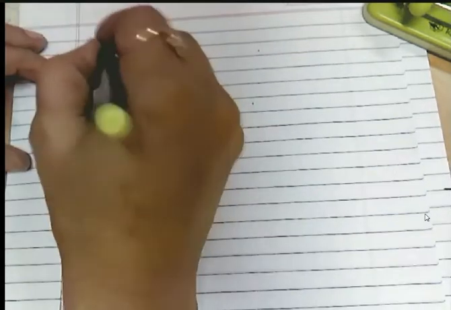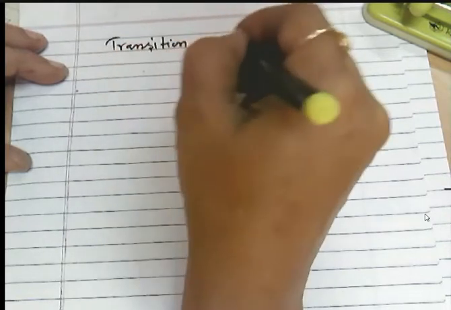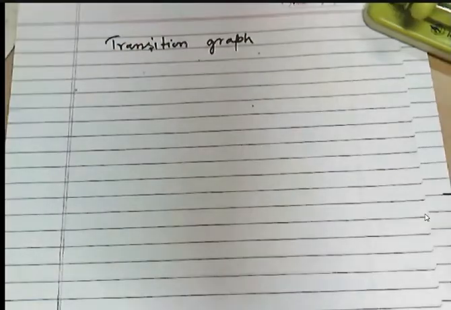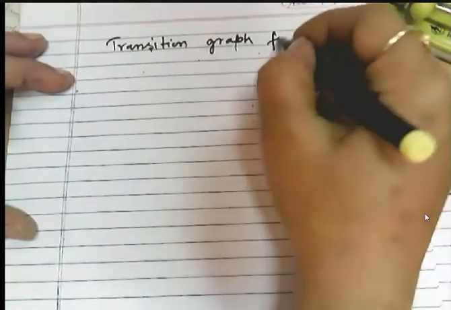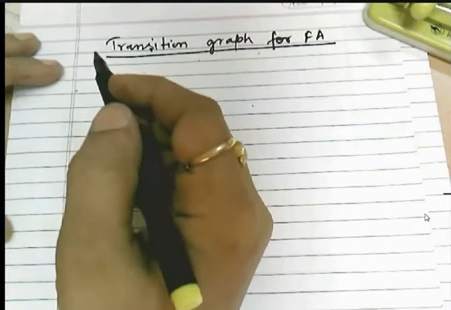So in the transition graph of a finite automata, we have two types of states. How are they denoted? The transition graph for FA uses different notations.